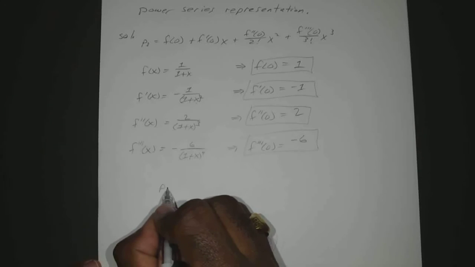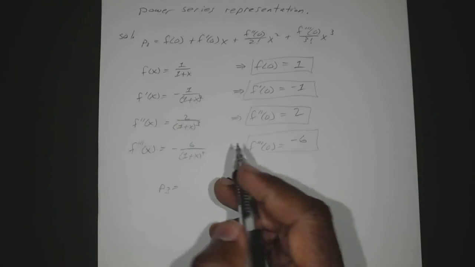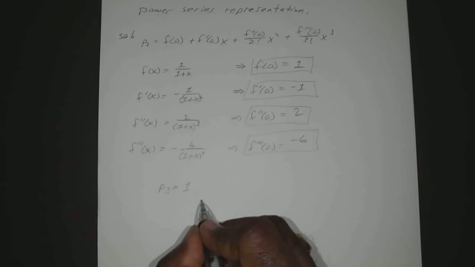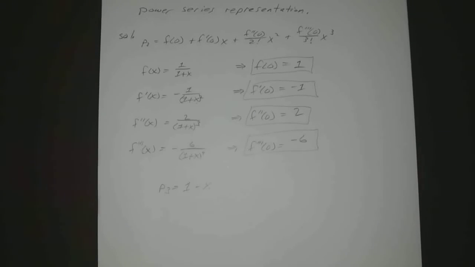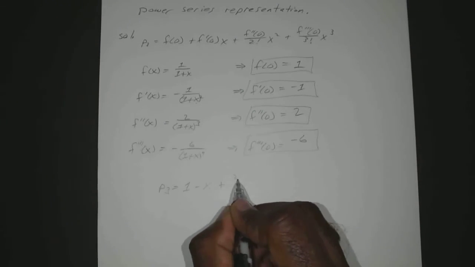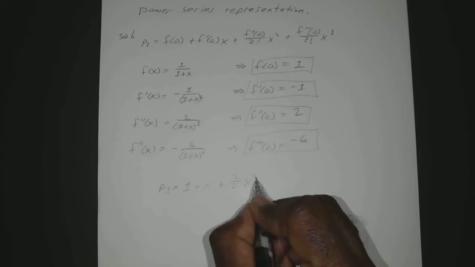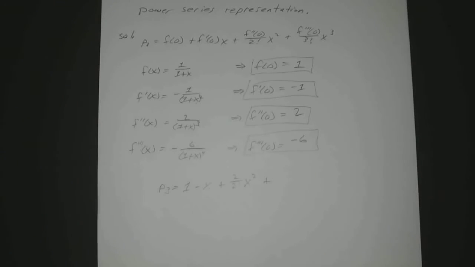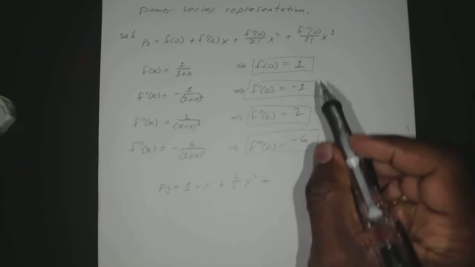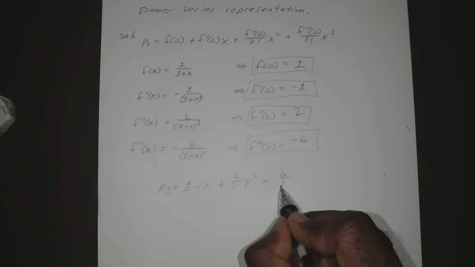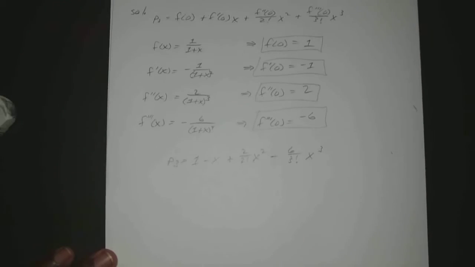Okay, so we know that your p sub 3 is going to be f of 0, which is 1, plus f prime of 0 times x, that's minus x, plus the second derivative at 0, so 2, over 2 factorial times x squared, which ends up just being 1, plus, well, actually it becomes minus since you have negative 6, minus 6 over 3 factorial times x to the third.